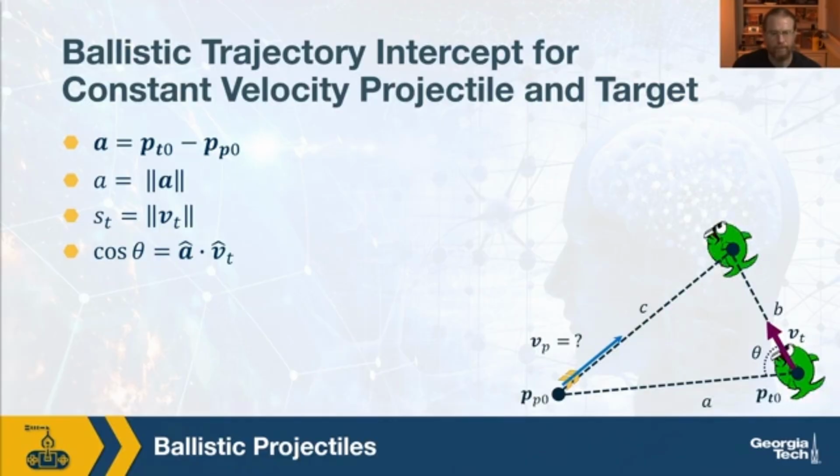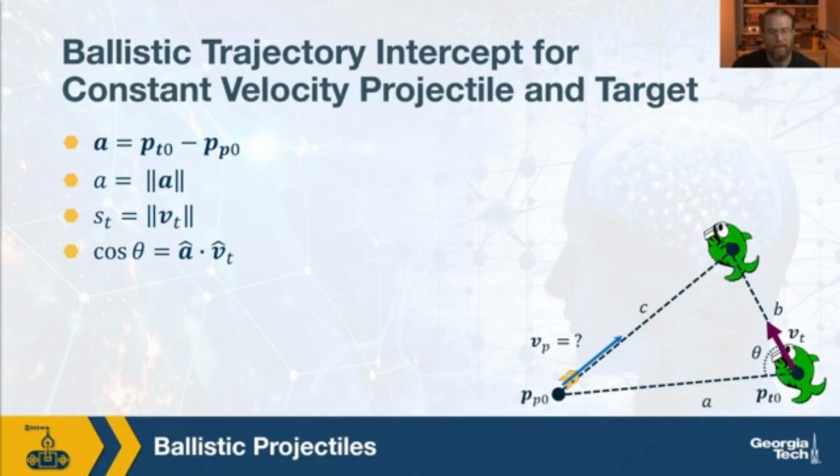We also know that the speed of the target is equal to the magnitude of its velocity, and we can set up our dot product relationship to angles as the dot product of the normalized form of A, which is a unit vector. Take that A, which again is the relative position vector, P initial position of target minus P initial position of projectile.